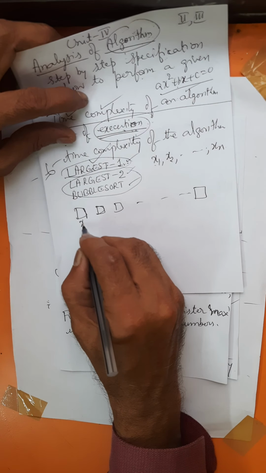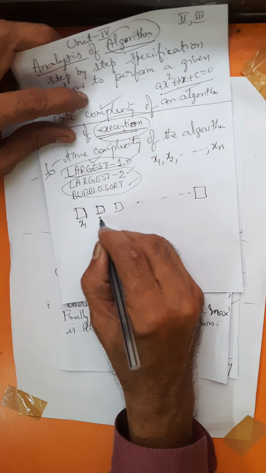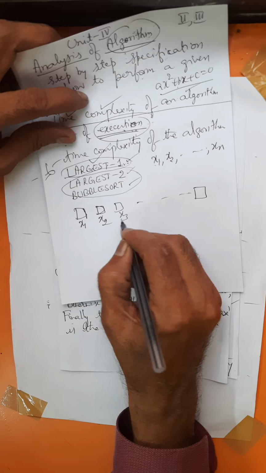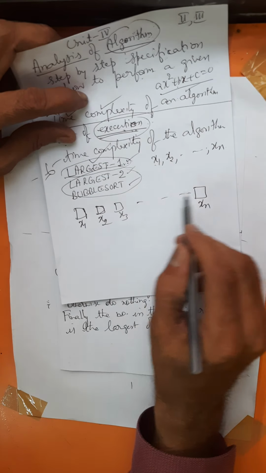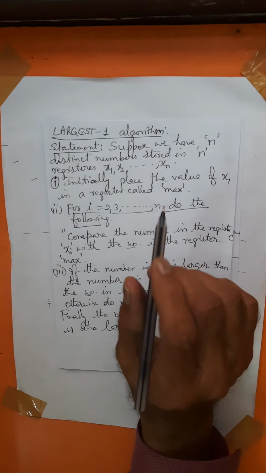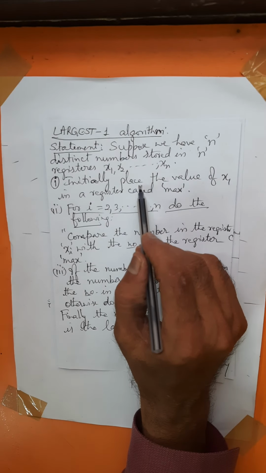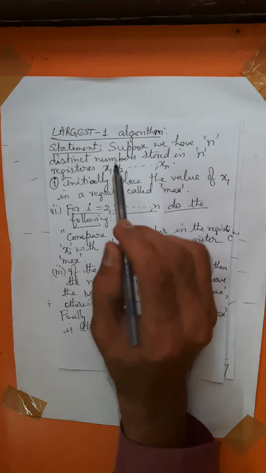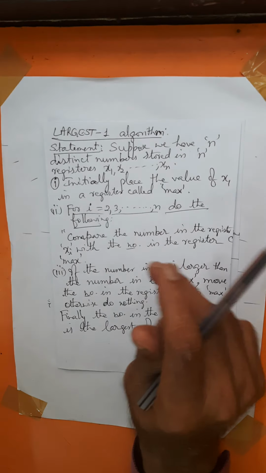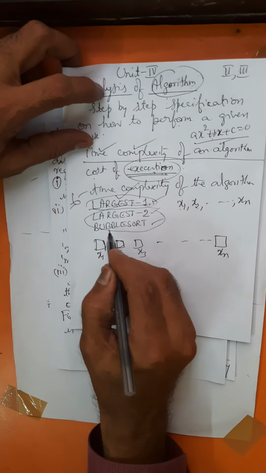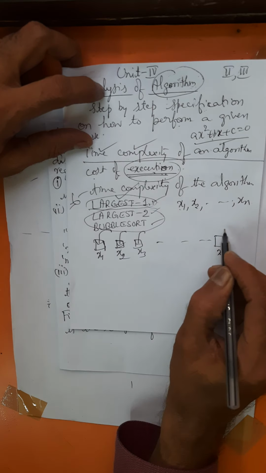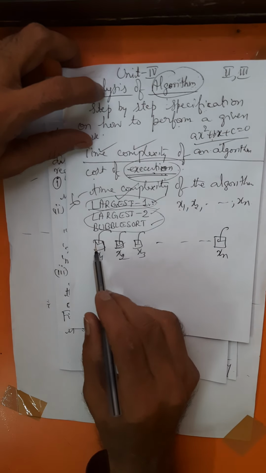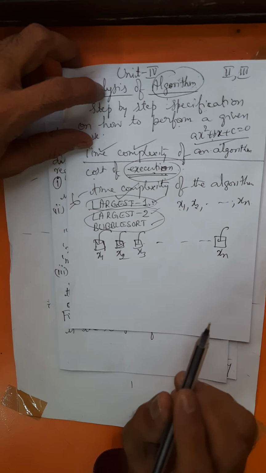The first box labeled as x1, second one labeled as x2, x3, x4, etc., xn. There are n boxes here. Initially, whatever value you store, you have to store n values here in n boxes.